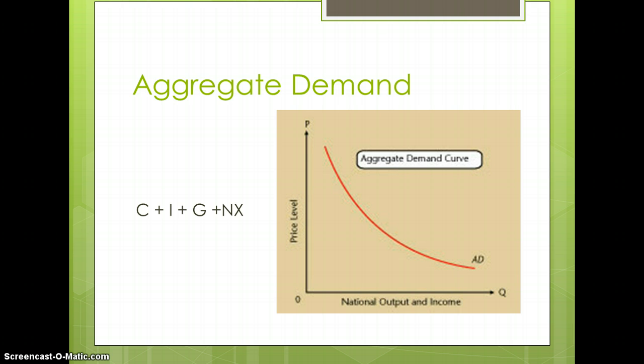We have the C. The C stands for consumption. We have consumption, how much consumers spend buying goods and services. Then we add on that investment. Investment means things you buy and you're trying to make money off of. For example, some people who invest buy houses because they want to sell them. Stock would be included here, any kind of stock.